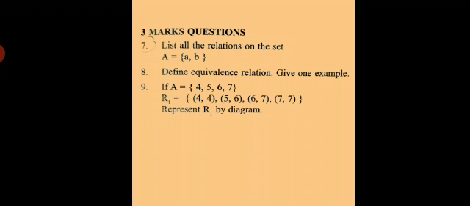Draw a circle over 4. How will we draw a loop? Write down 4, then draw a circle over there. Then 5 to 6, write down 5 and 6 on a line, then make one arrow mark. Similarly from 6 to 7, draw one arrow mark, and again 7 to 7, write down a loop.